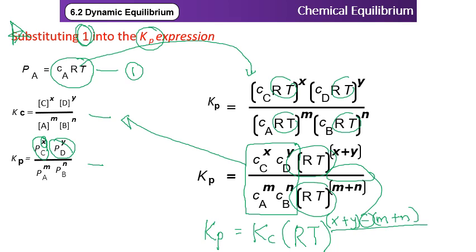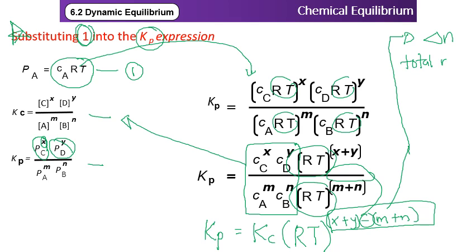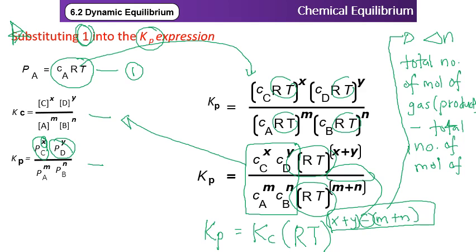Based on the general equation that we use, this will be considered as delta n. So delta n, we can generalize to say, is the total number of moles of gas for product minus the total number of moles of gas for reactant.